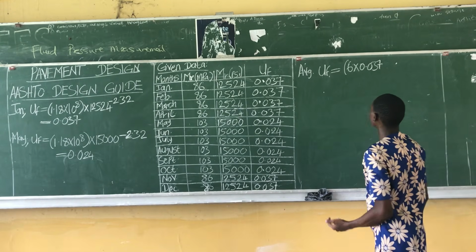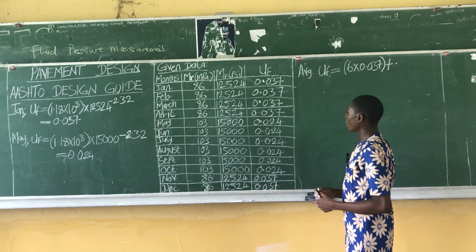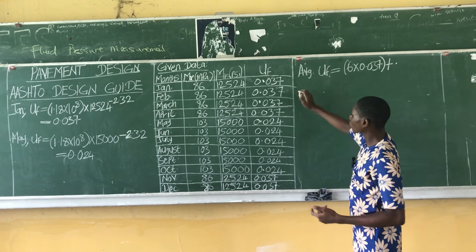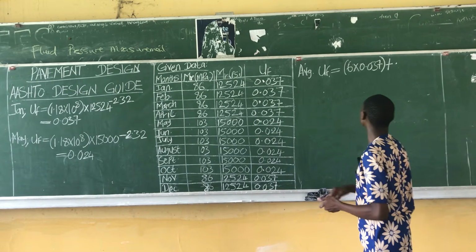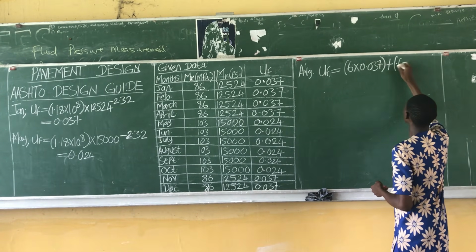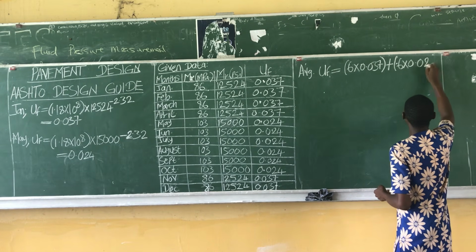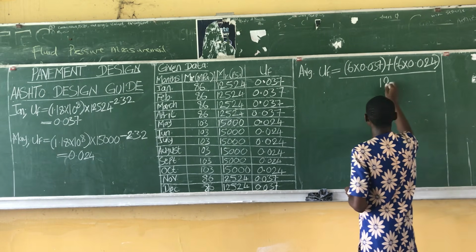Remember we are adding all the values. The remaining value we have there is this other 0.024, and if we check through our table, it also appears 6 times: 1, 2, 3, 4, 5, 6. So this will be plus 6 times 0.024, all divided by 12.